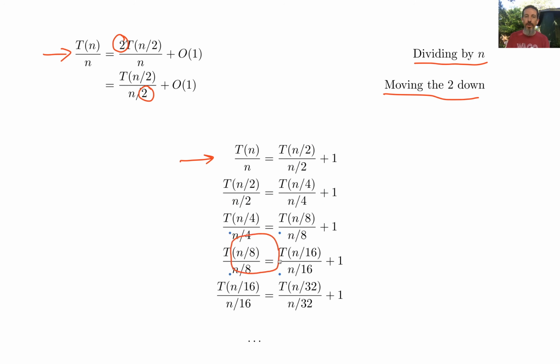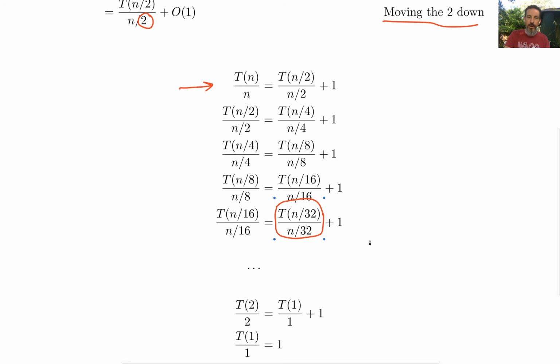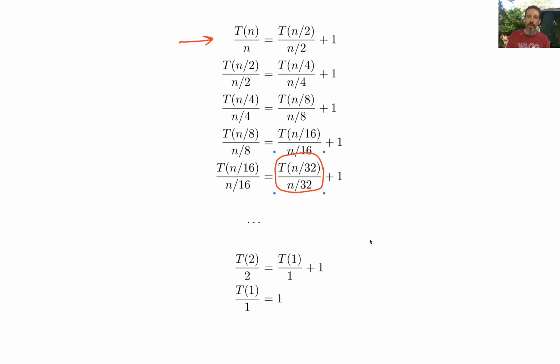We could continue redefining these terms in terms of smaller and smaller subarrays. And you say, well, when does this end? Why doesn't this just go on forever? Well, it doesn't go on forever because if we look down here, notice that the denominator is doubling every time we go down, right? 2, 4, 8, 16, 32.